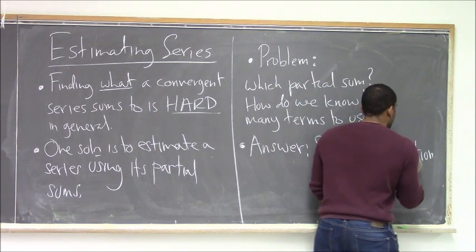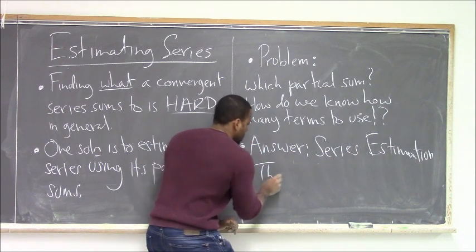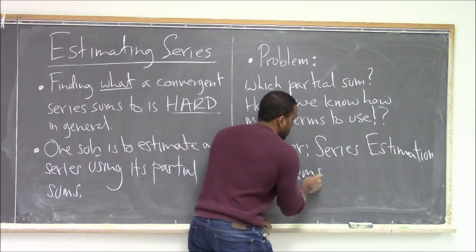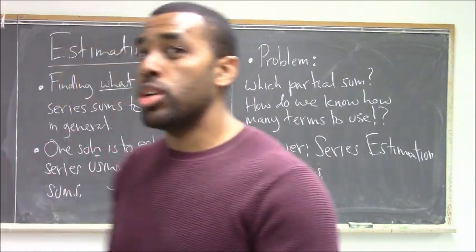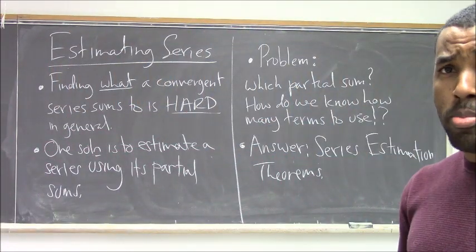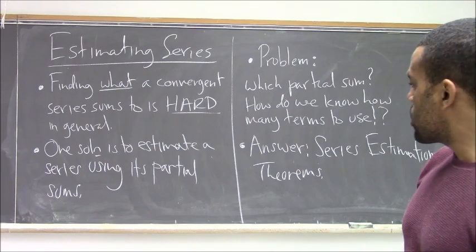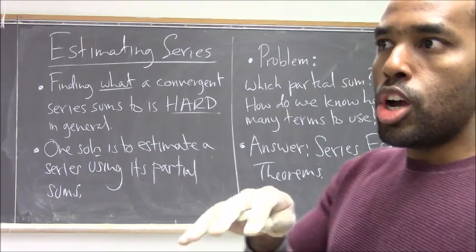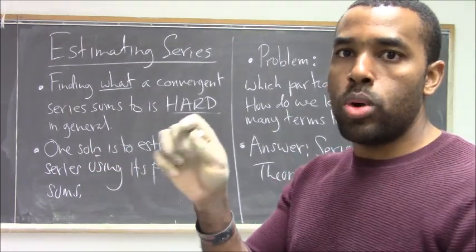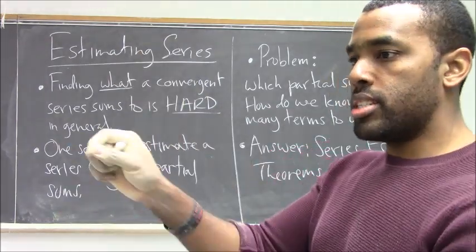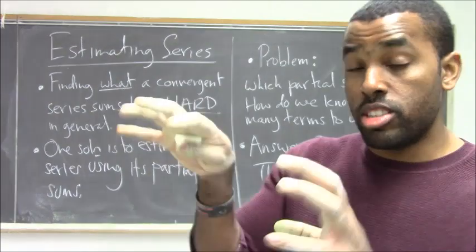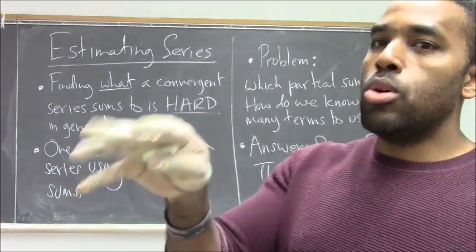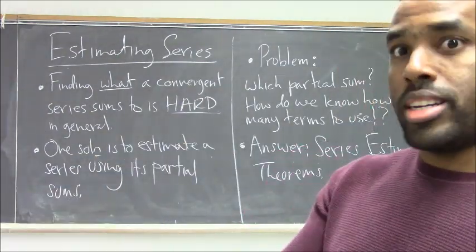So this is something that was studied, and we came up with several scenarios for how to judge how good an approximation is for a particular series. And in general, the estimation theorems fall in line with a particular convergence test that we're trying to apply. So if we know we're applying the alternating series test, there's a special theorem that will tell us how good a partial sum of an alternating series will work.